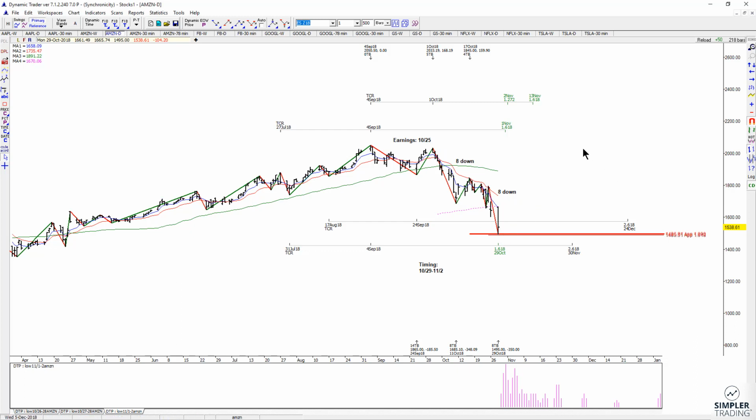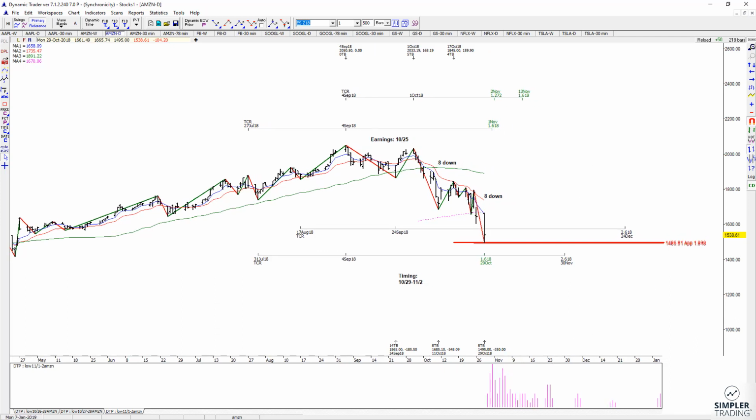But I can give you at least one decision, and that comes from the symmetry here of a prior decline that was 8 trading days down, and this current swing is also 8 trading days down, so there's time symmetry there.